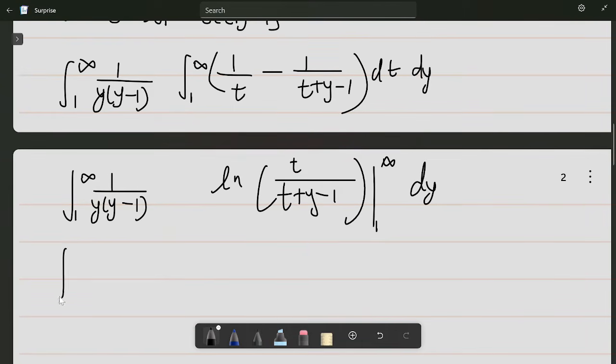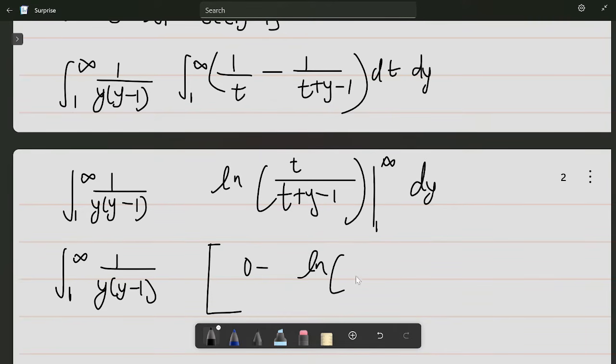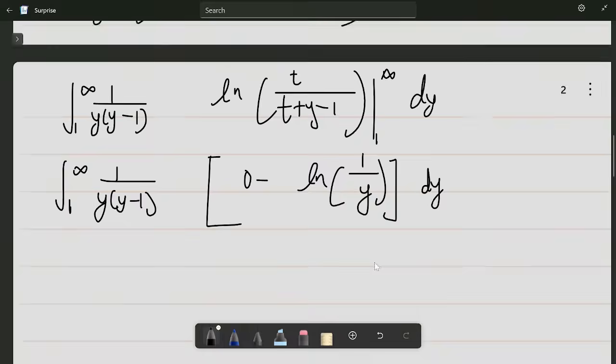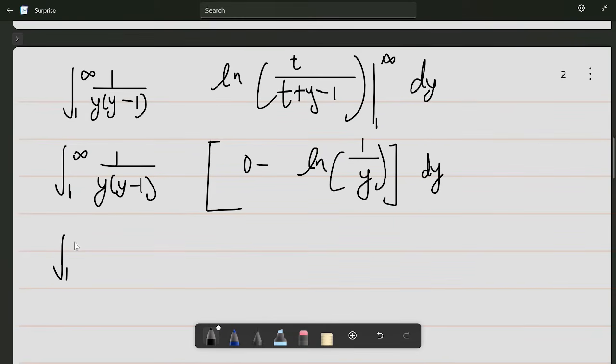At infinity this is ln 1, so 0, minus at 1 this is ln of 1 by (1 plus y minus 1), so y. So this is the integral from 1 to infinity of ln y by y times (y minus 1) dy.